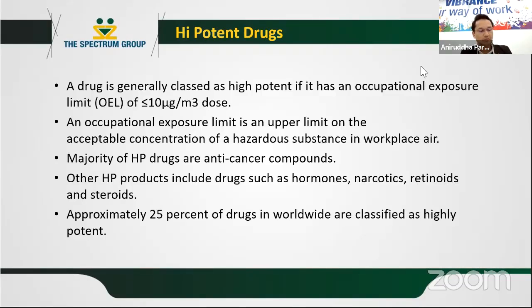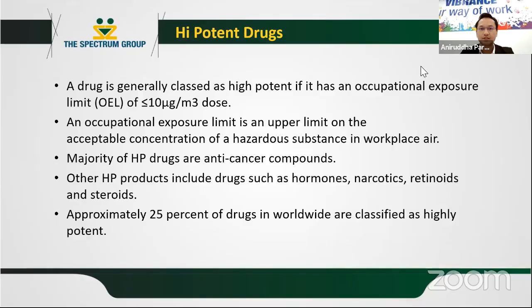Now, the prime requirement of a high potent facility, in addition to the regular aspects of GMP like prevention of cross contamination and protecting the drugs and efficacy, is that we are again challenged with making these drugs without impacting the operators. That's where high potent drug manufacturing and its concepts come into the picture.